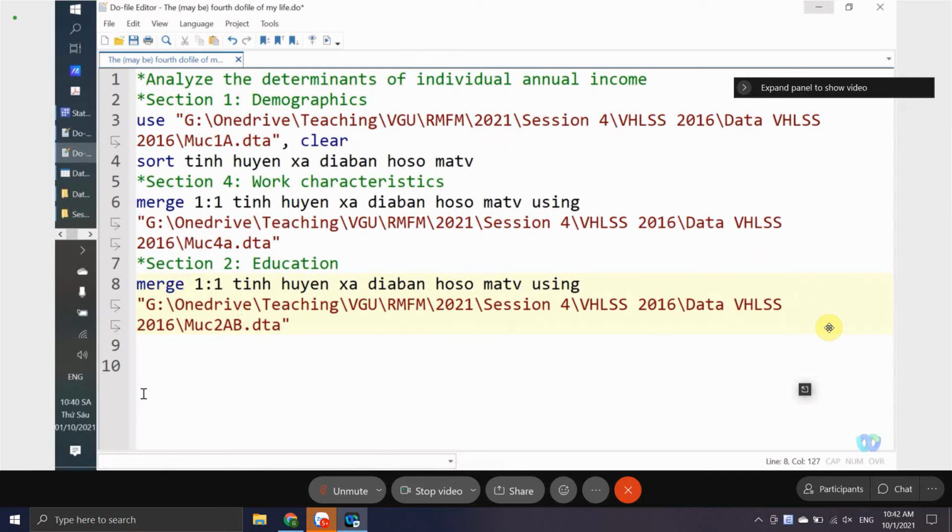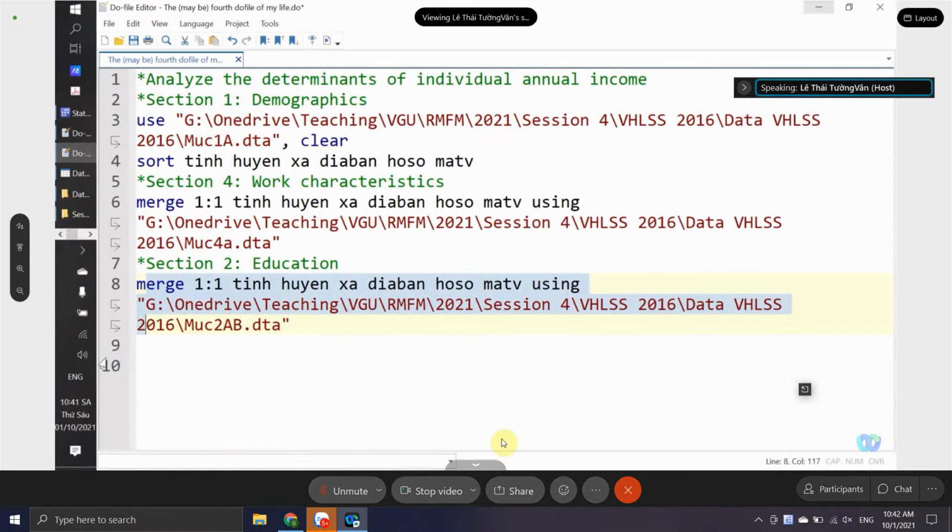Okay, I want to merge. Okay, can you run it? Please run this command.